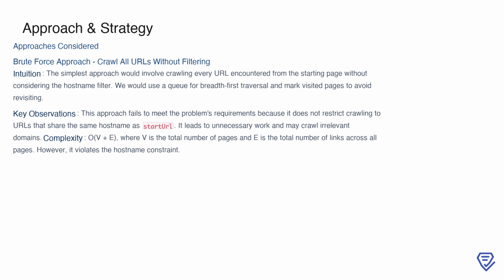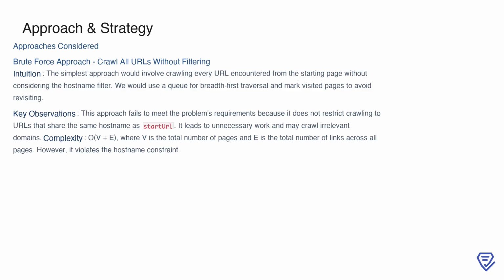However, this approach has a critical flaw: it ignores the requirement to restrict crawling to URLs that share the same hostname as the start URL. As a result, it wastes resources by crawling irrelevant domains and performing unnecessary work. While the time complexity of this approach is O(V + E), with V representing the total number of pages and E the total number of links, it ultimately fails to meet the problem's constraints and is therefore not a viable solution.